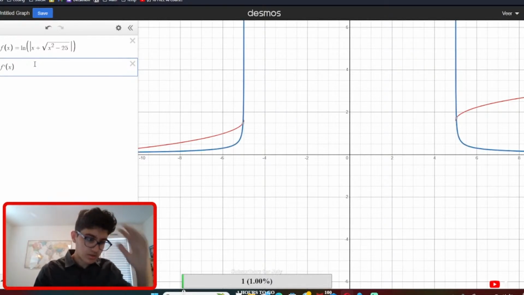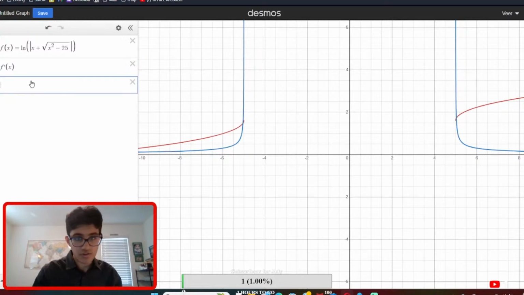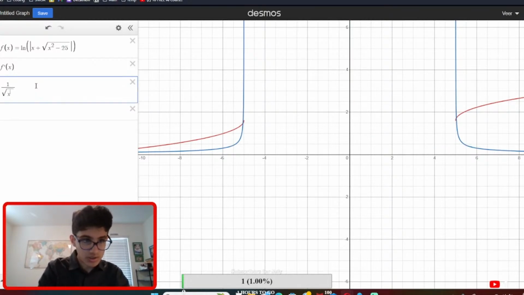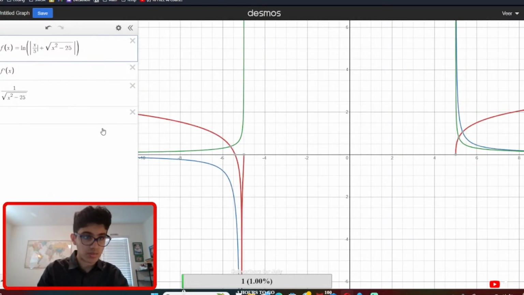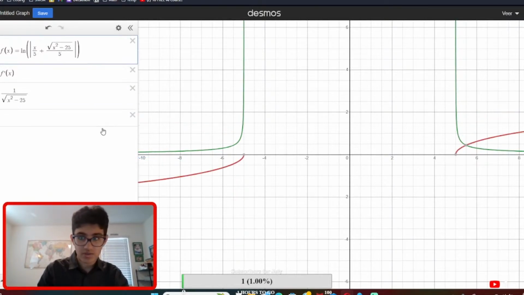Okay, there's something different there. Whatever. So that's f prime of x, and the function that we had was 1 over the square root of x squared minus 25, right? Yeah, and they match. They're the same thing. And now if you put a minus or divided by 5, f prime of x, it's the same thing.